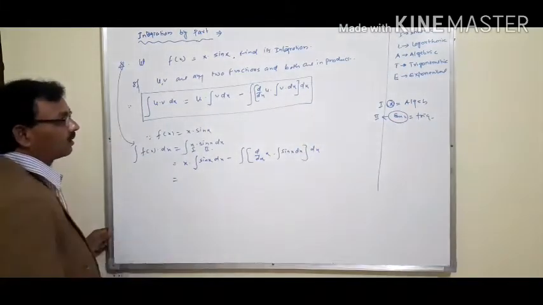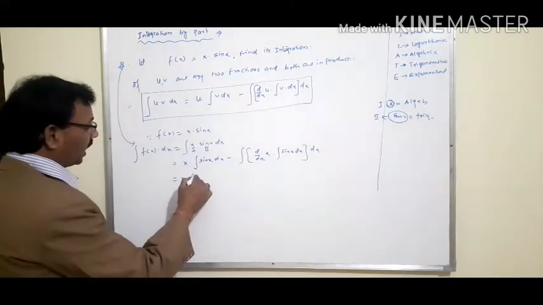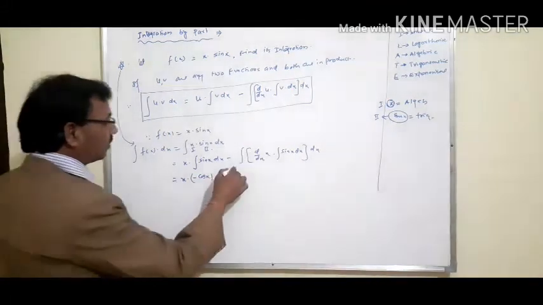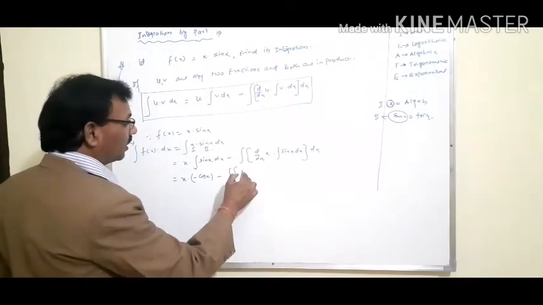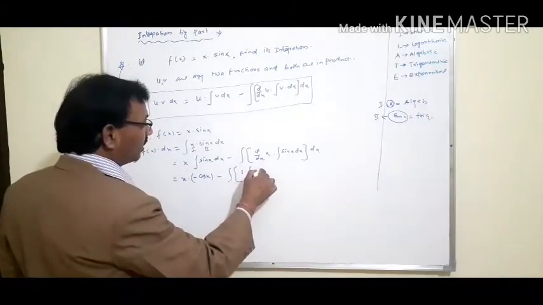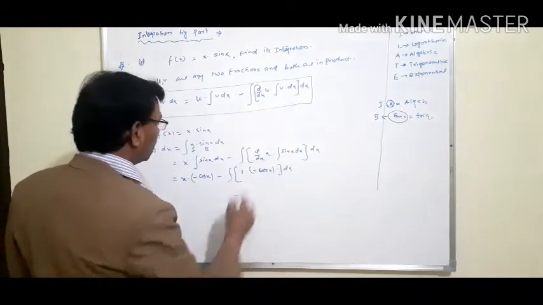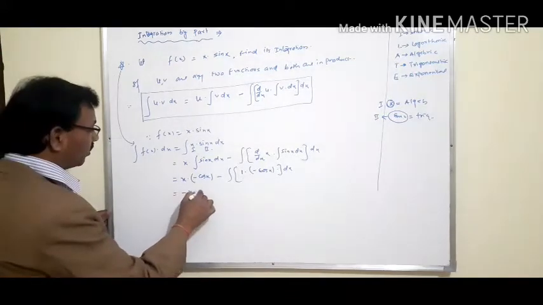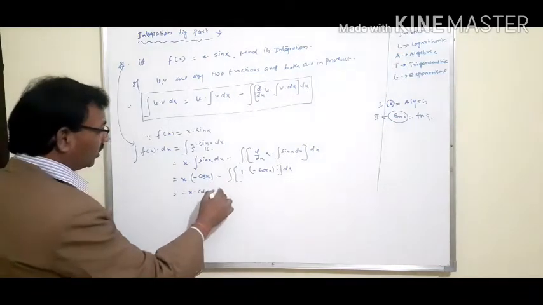Now in the next step, x into the integration of sin x means, as you know, cos of x, but with a minus, minus the integration of d by dx of x, that means 1, into the integration of sin x, which is minus cos of x, into dx. Now plus into minus will be minus x into cos of x, and minus comes outside, so minus into minus will be plus.